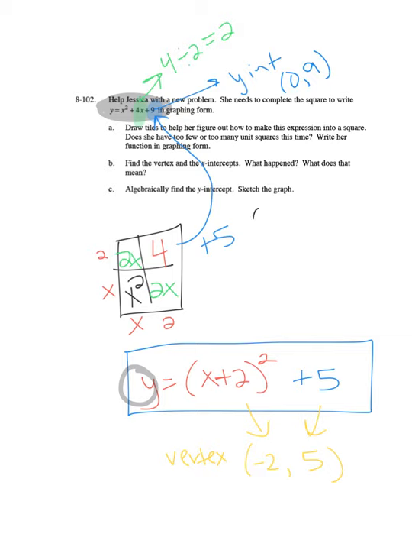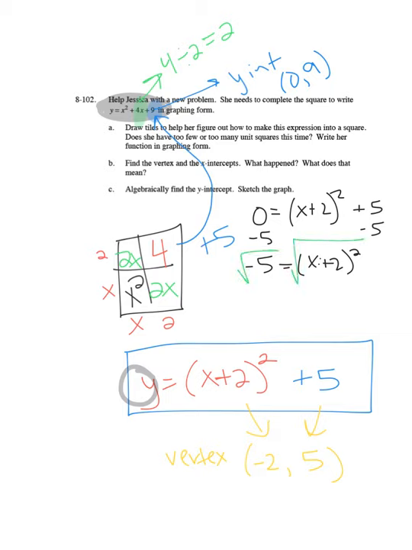So we're going to be solving 0 equals x plus 2 squared plus 5. So first thing we need to do is get the x by itself. We're going to minus 5 on both sides. X plus 2 squared equals -5. Then we can take the square root of both sides to undo the squared. And we get x plus 2 equals... But the square root of -5?